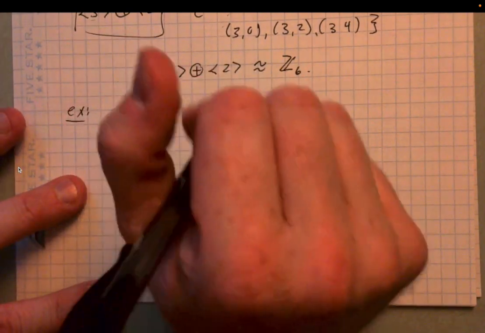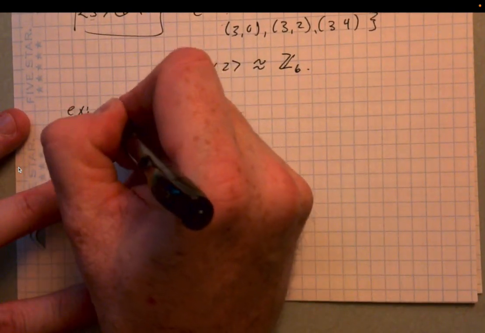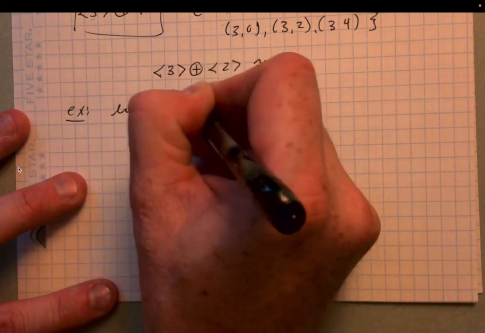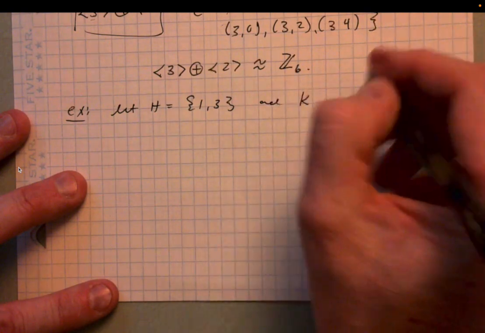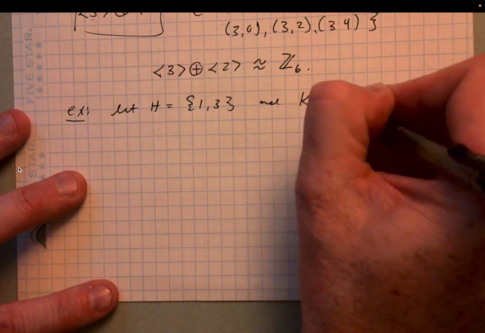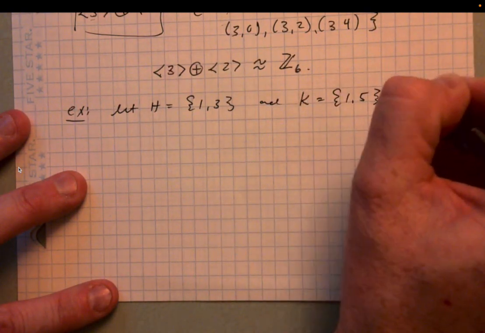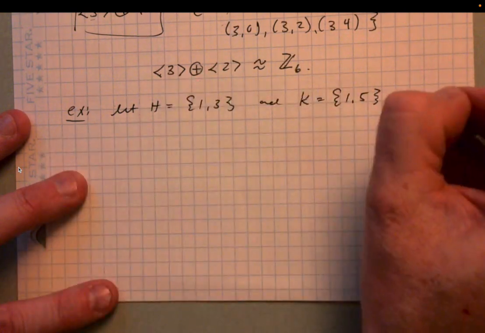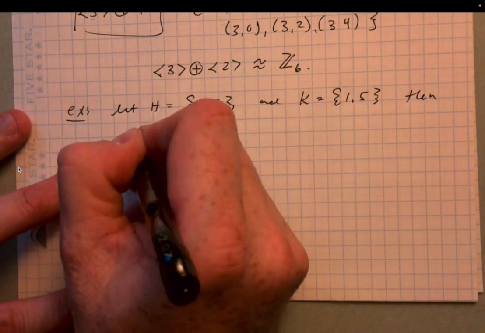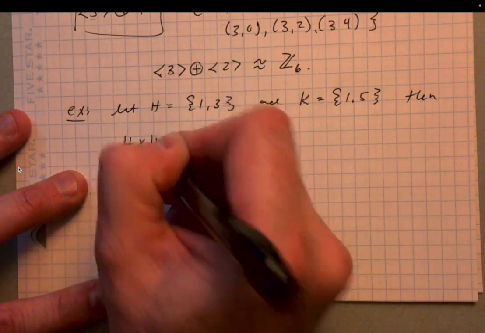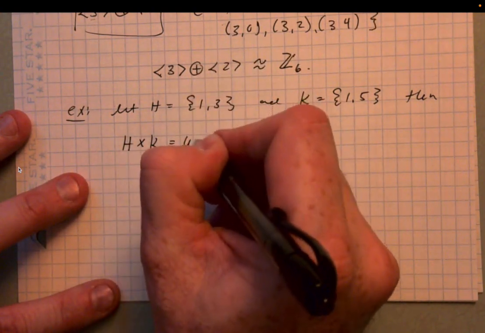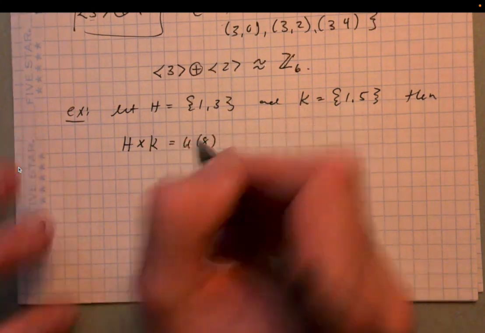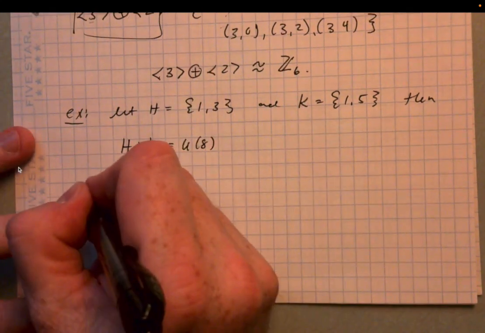One more example. Let's let H equal the set 1 and 3, and let's let K equal the set 1 and 5. So then HK, H times K, internal direct product is equal to U8, right? And we can see that really quickly.